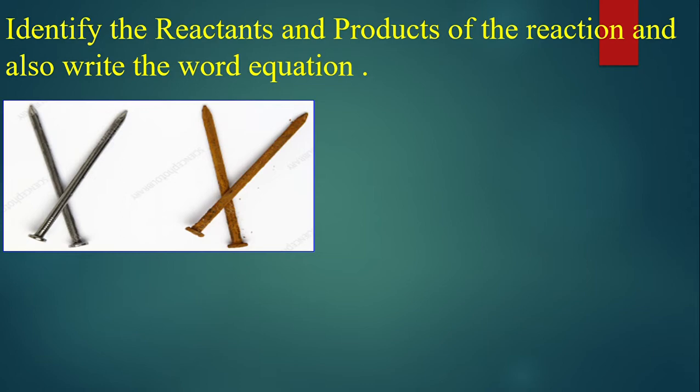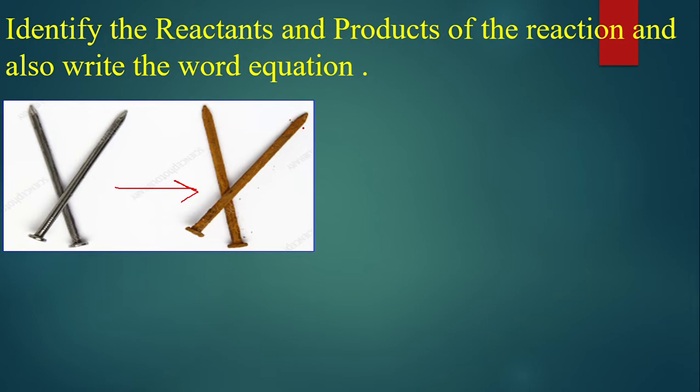Okay, so let's firstly see it in the diagram. This is a reaction which is a chemical reaction. You can see here we have iron nails. There is some exposure of the iron nails to air, which is oxygen, and water molecules along with moisture. Then we get iron oxide, which is the layer you can see on the iron nails, right?